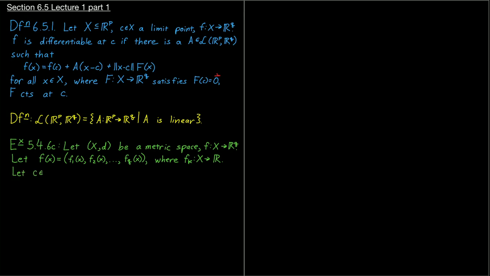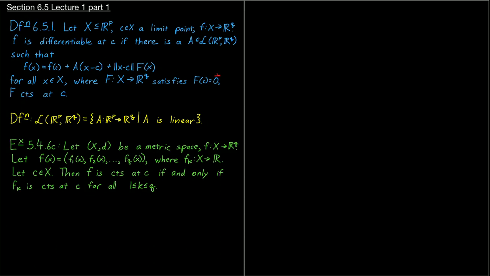Your book only proves this in one direction, but I assigned as an exam study problem both directions. If you pick a point in X, then f is continuous at that point if and only if all of the fk's are continuous at that point, for all k between 1 and q.